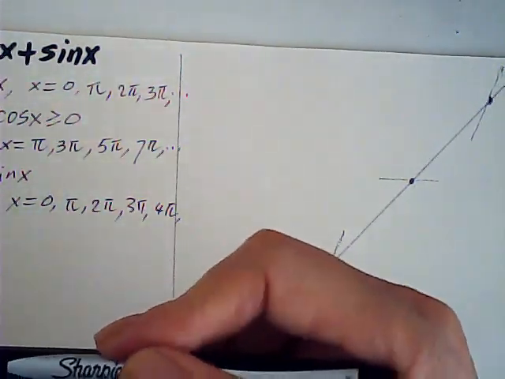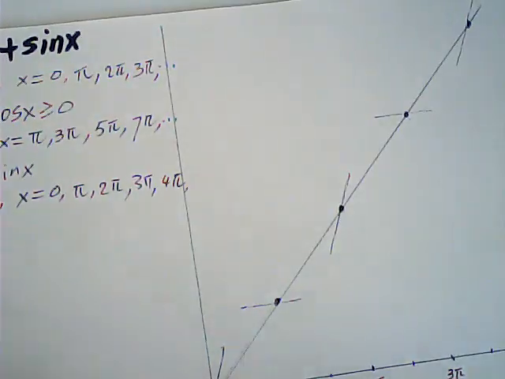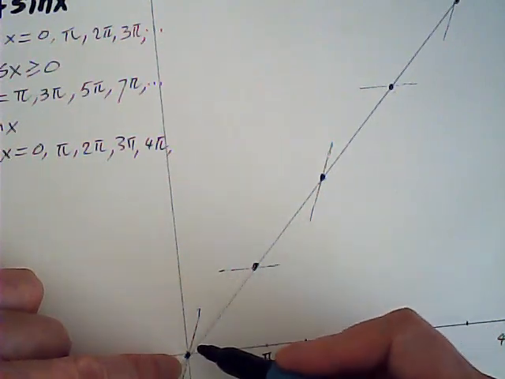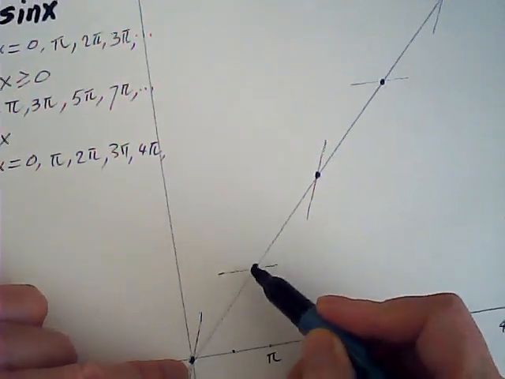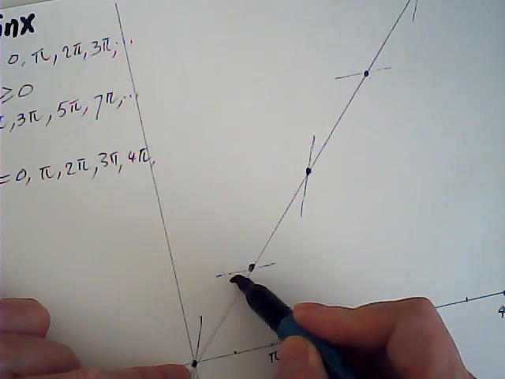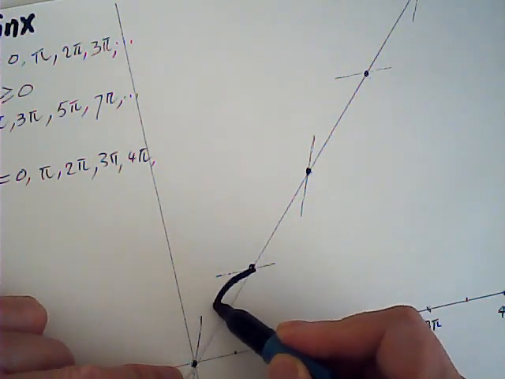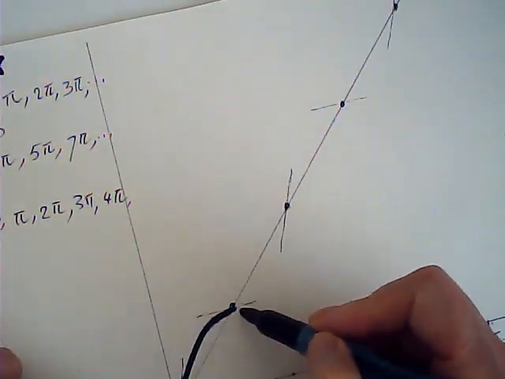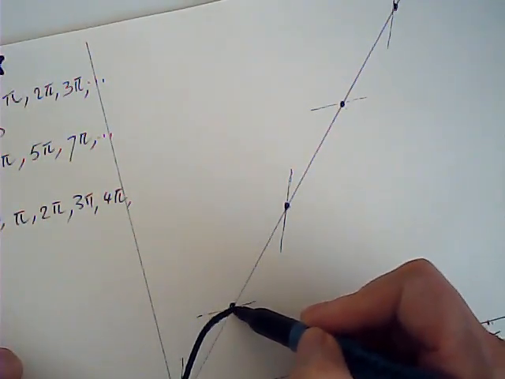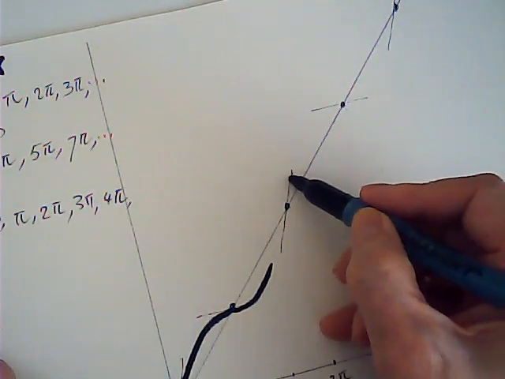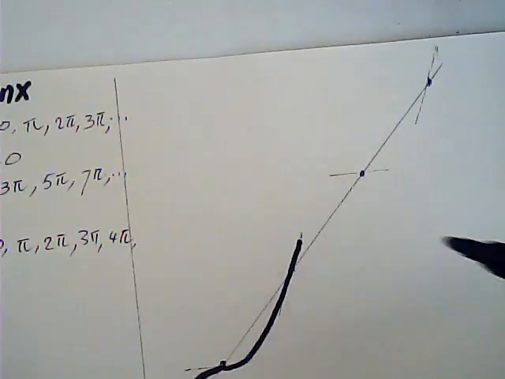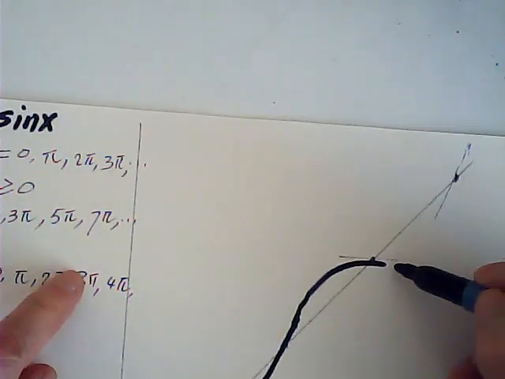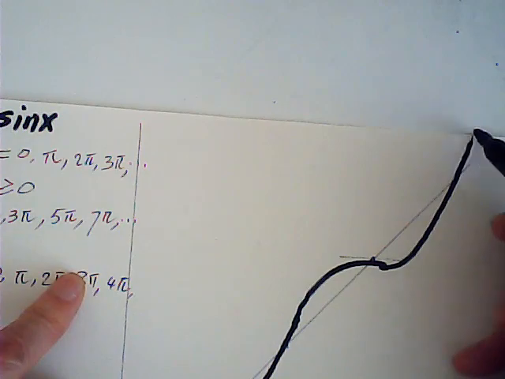Now we are ready to sketch the curve. The tangent to this line, and tangent to this line, it goes like this. And horizontal tangent line, and the slope to this one, and the horizontal tangent line, and the slope to this one.